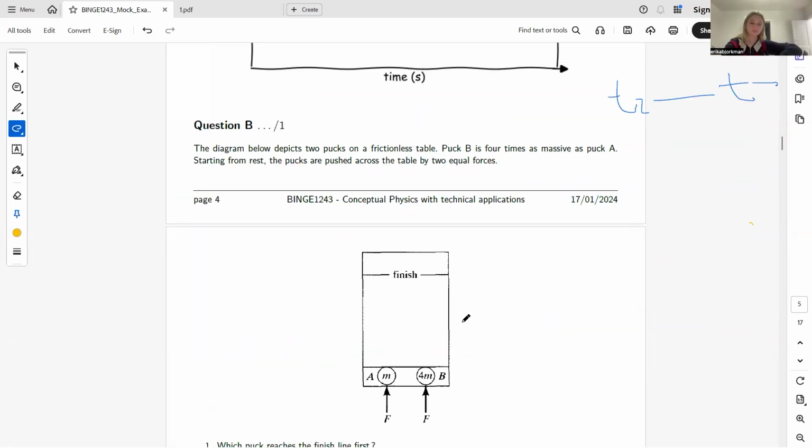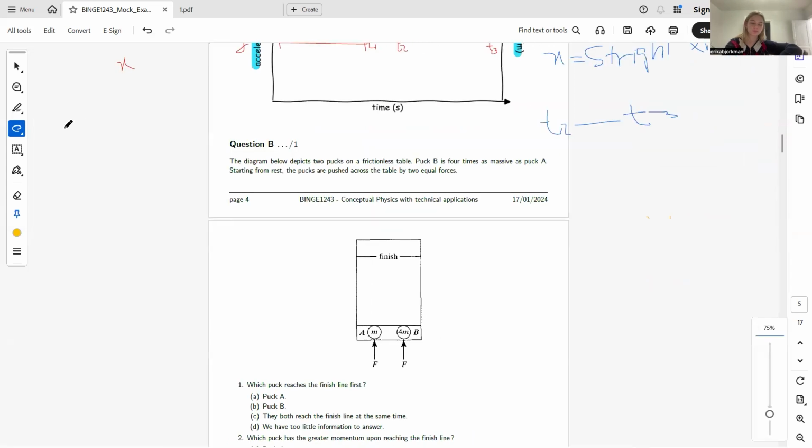So here we have a problem. The diagram below depicts two pucks on a frictionless table. Puck B is 4 times as massive as puck A. So we can write it: mass of B is equal to 4 times mass of A. Starting from rest, in this way we can consider their initial velocities are equal to 0.